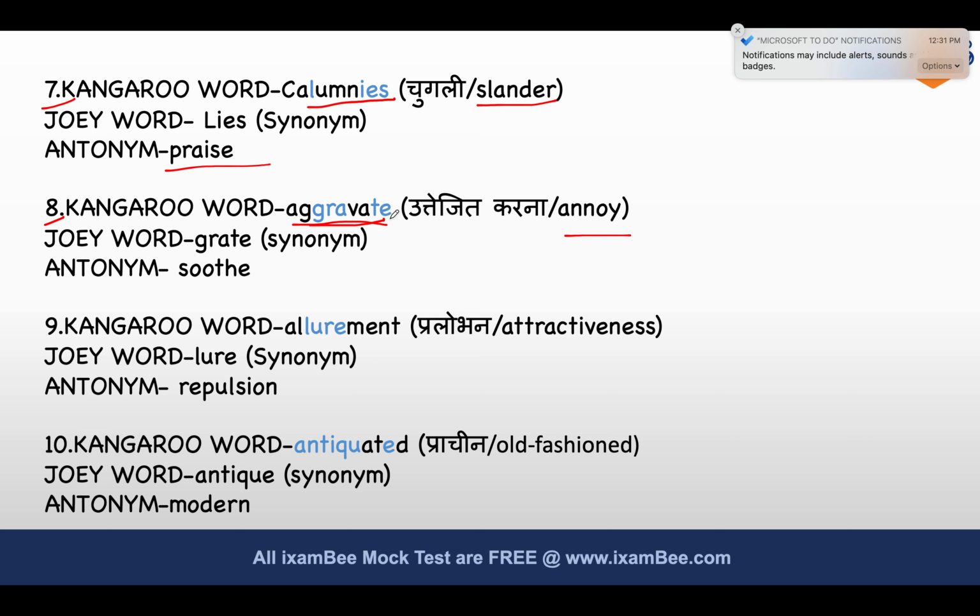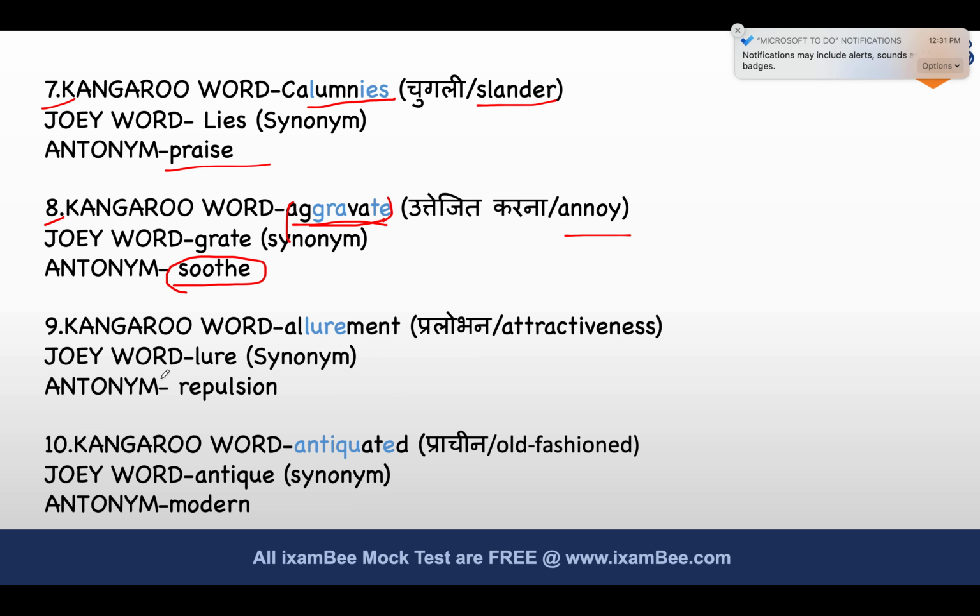It also means to irritate someone. The word grate is hidden right here inside the main word, right? Now if the word means to irritate someone, what would be the opposite action? When you are not irritating someone, maybe when you are soothing someone, when you are trying to calm someone down, right? So we can use the word soothe as an antonym.